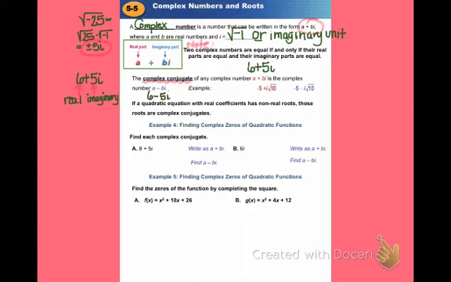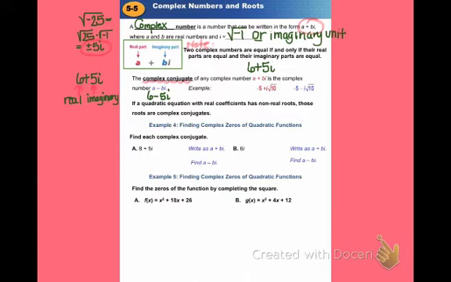So the complex conjugate keeps the real number part exactly the same, but changes the sign on the imaginary part, because in the original 6 plus 5i the imaginary part was positive 5, and in its conjugate the imaginary part is negative 5. So complex conjugates have the same real number part, but opposite imaginary parts.